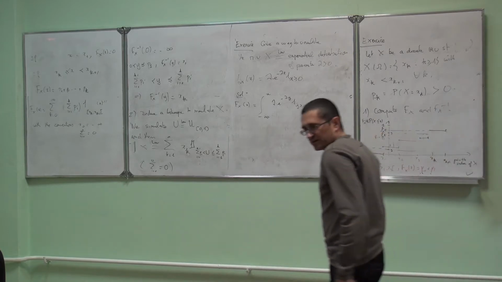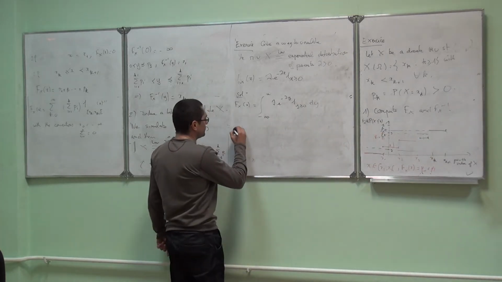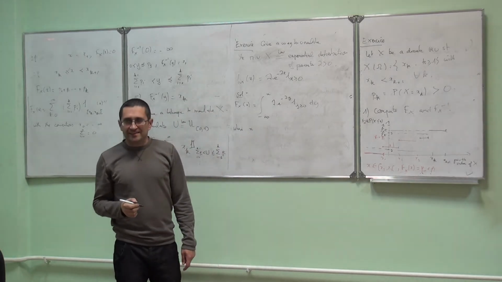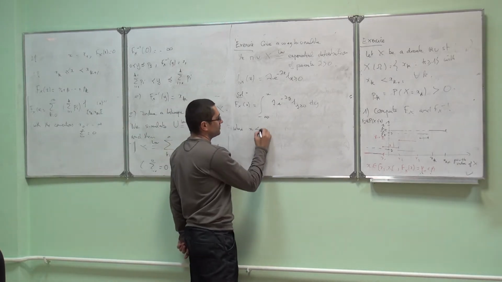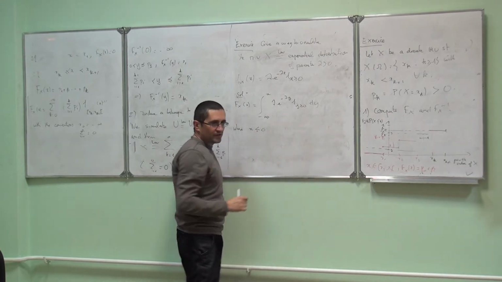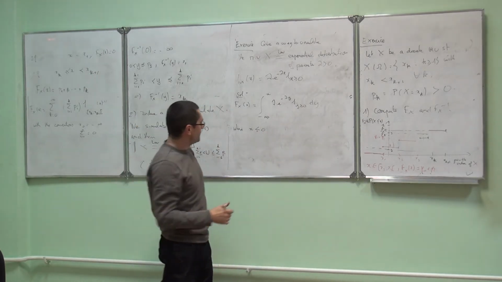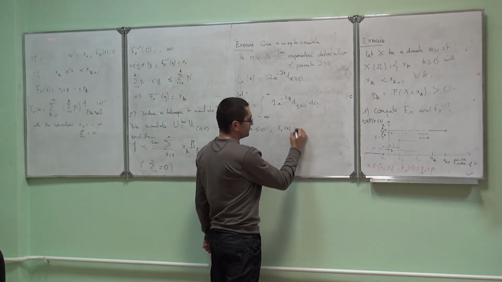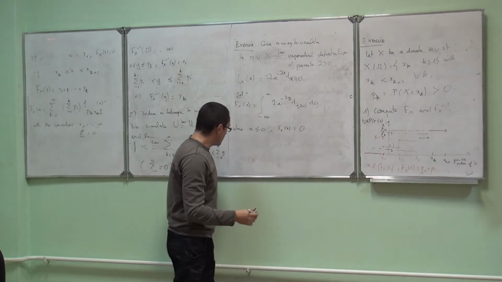We need to be very careful when x is negative, because you integrate on R plus. So when x is negative, F_X(x) equals 0.